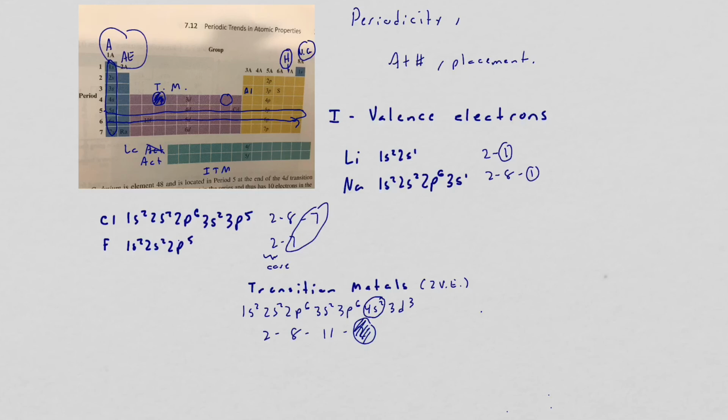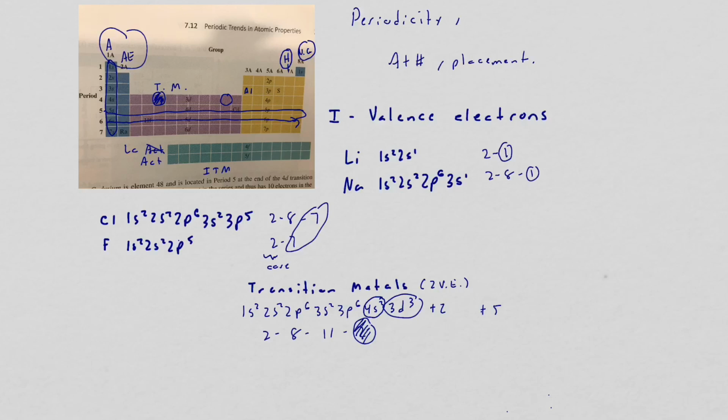There are lots of weird exceptions. This is vanadium. Vanadium will go +2 and lose those two. It will also go +5, in which it will lose all 3 of its d electrons. So there's no set rule, but the most likely electrons to be lost by these guys are the first 2, the 4s2, for every single element in that row.